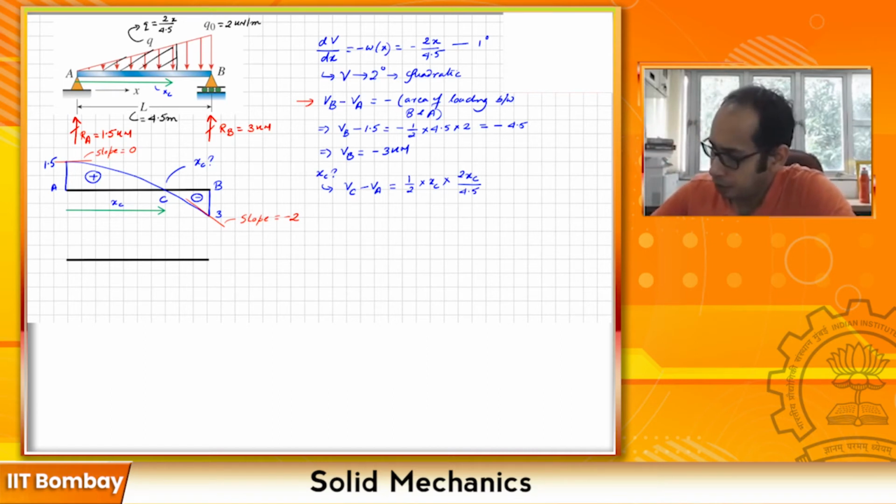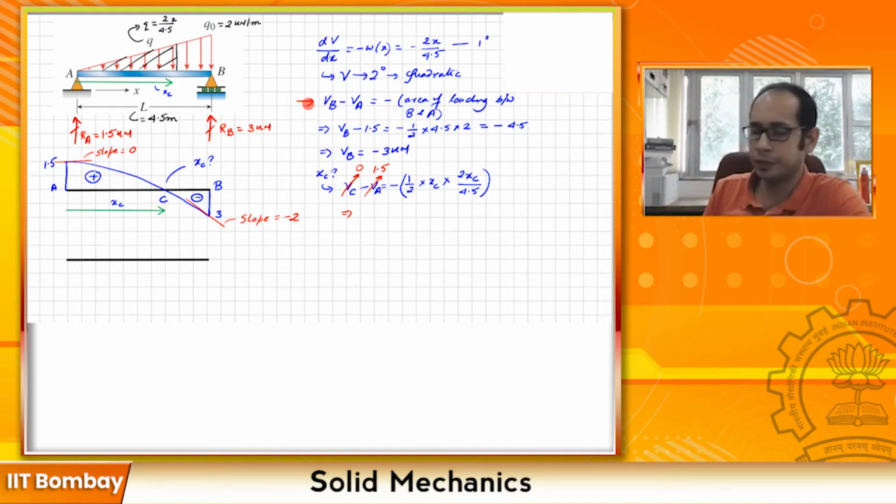Now here I already know the value of VA. The value of VA is 1.5 over here, and the value of VC is 0. Oh sorry, I missed a negative sign, because VC minus VA is the negative of the area of the loading diagram. So I have a prominent negative sign over here.